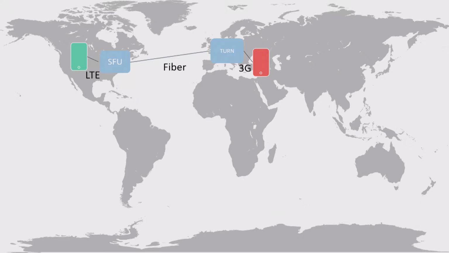However, for the guests, we are operating a global network, and people watch each other from all sorts of different places. Let's say the broadcaster is in North America, and we selected a server located in North America as well. If the guest is calling in from, let's say, Europe, a Turn server that is closer to the guest might actually provide better performance than connecting directly to the SFU.